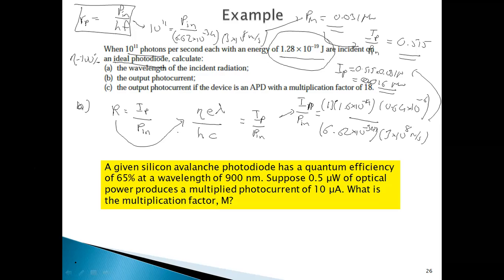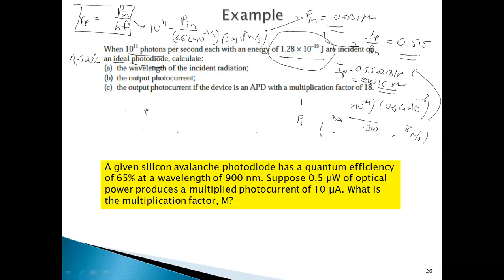Let us proceed with question C, which is to calculate the output photocurrent if the device is now an APD with multiplication factor of 18. Let me erase this answer for part B. I hope by now you understand the concept of how to calculate the wavelength, the output photocurrent, and so on.